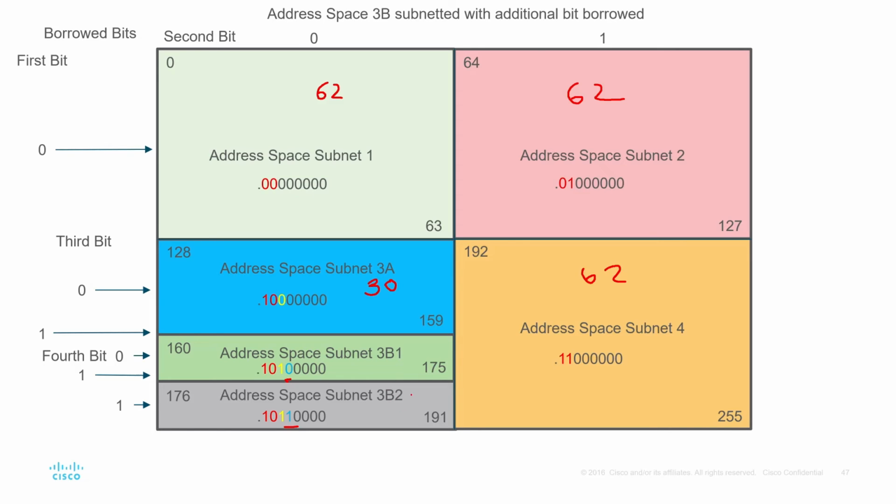And each of these groups go from 160 to 175. And remember, the 160 is the network, 175 is the broadcast. So each of these groups would have 14 available hosts. But the mask for each one of these groups could be different.